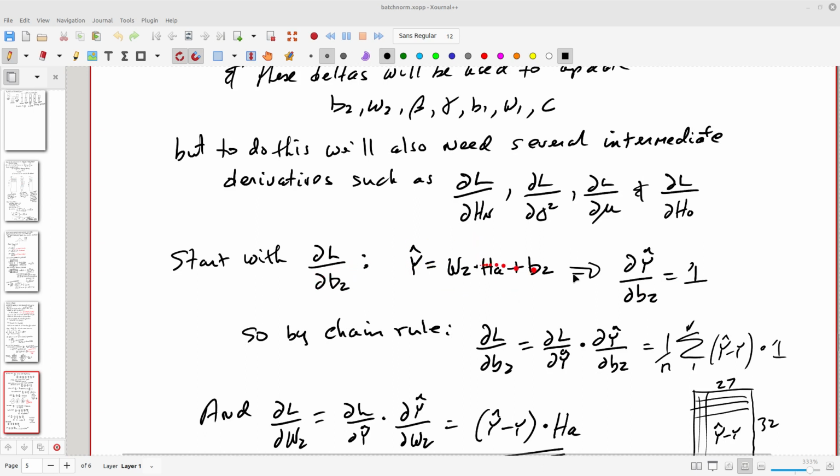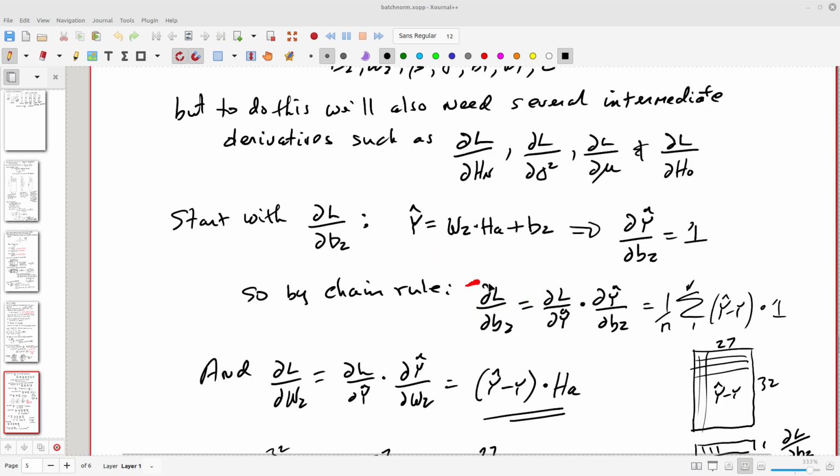There's the formula. Our predicted values are W2 times HA plus B2. If you take the derivative, dL dB2 is, by the chain rule, dL dy predicted times dy predicted dB2.